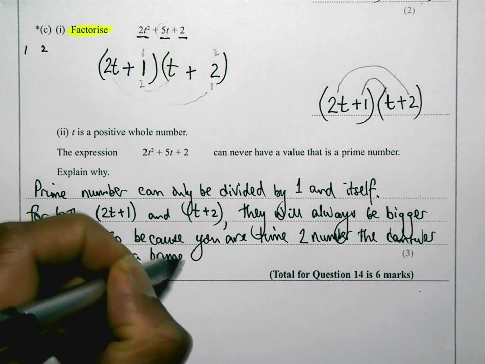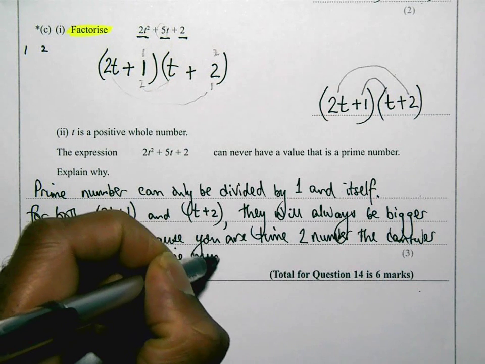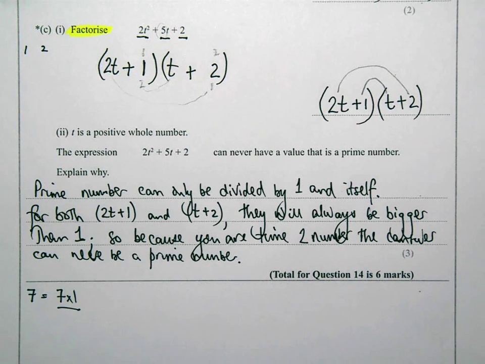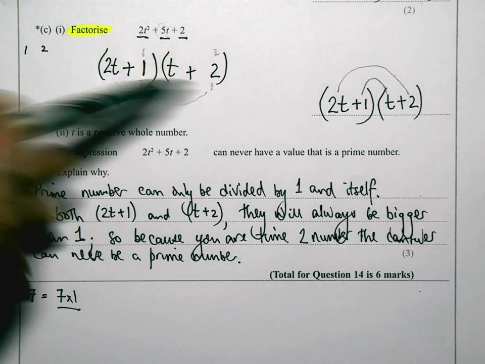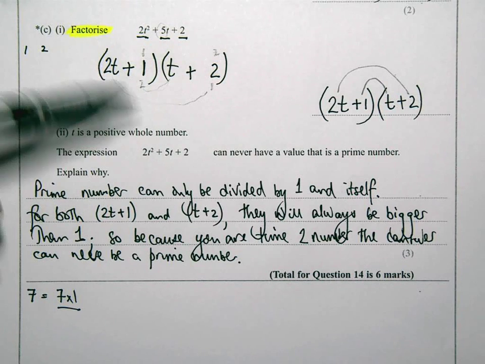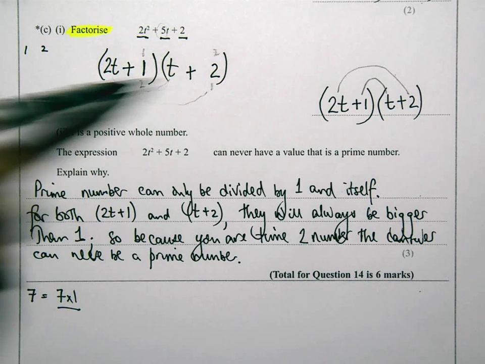Okay, so because neither of these could be 1, and you're timesing together the two numbers, you can never get an answer which is going to be a prime number.